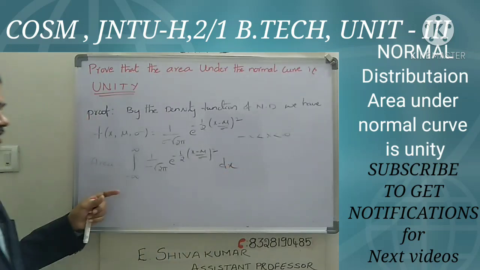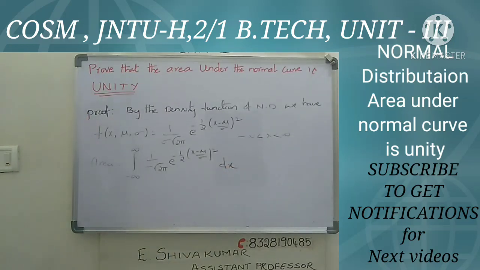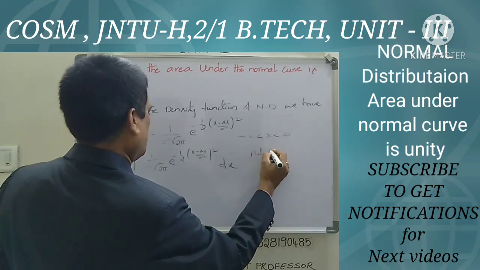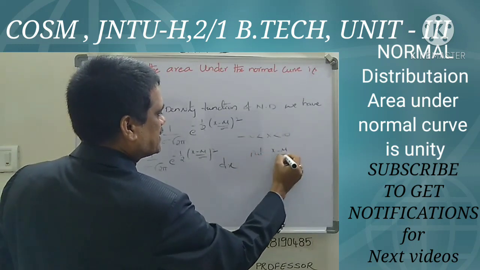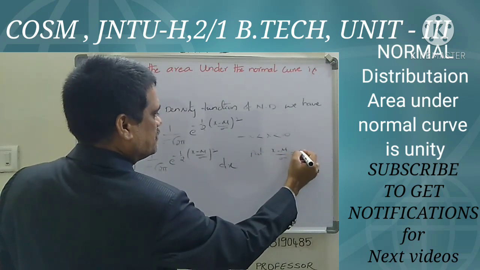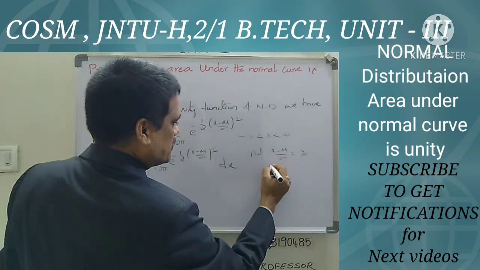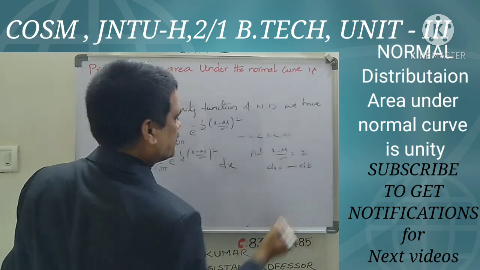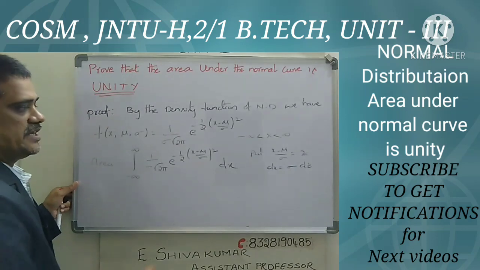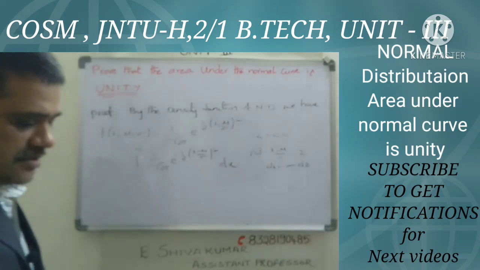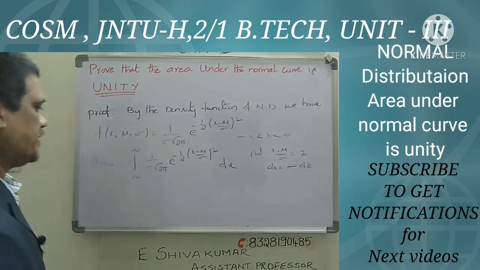Now you have to do this integration. Put x minus mu divided by sigma is equal to z. So dx is equal to sigma into dz. There is no change in the lower limit and upper limit, so directly we can write minus infinity to plus infinity.